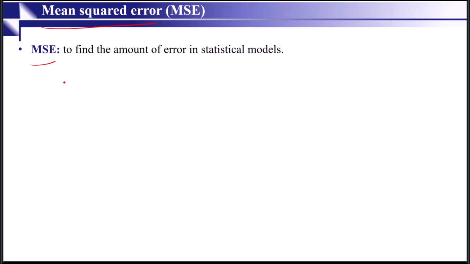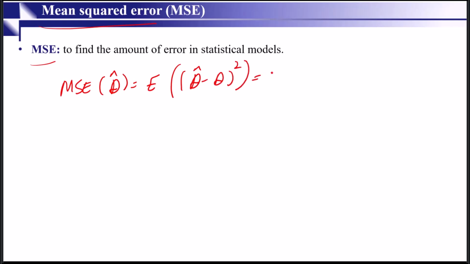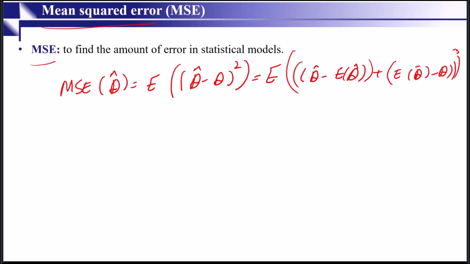So we find MSE as MSE of theta hat is equal to expectation of theta hat minus theta square, right? And this one is equal to expectation of theta hat minus expectation of theta hat plus expectation of theta hat minus theta, and all square, right?